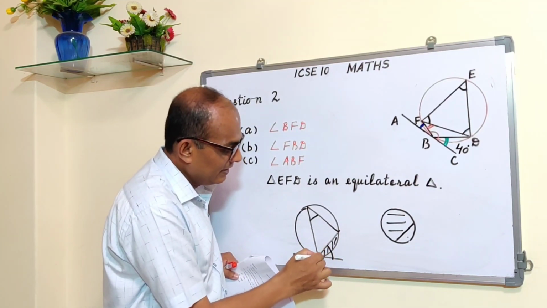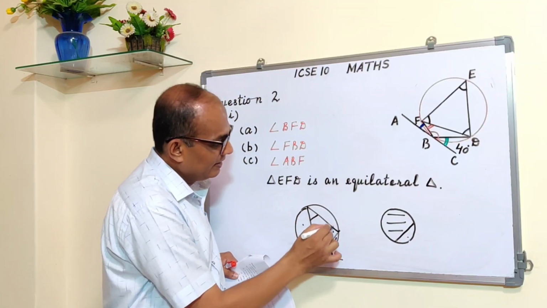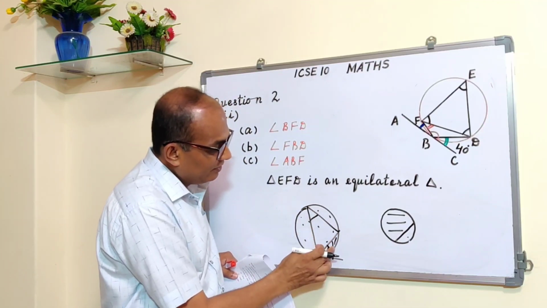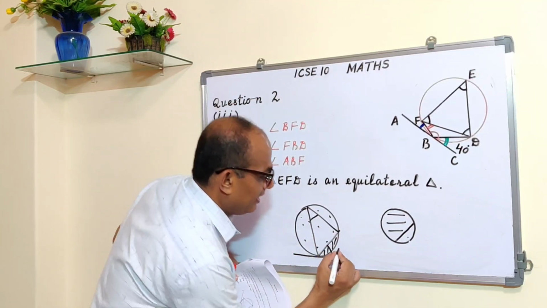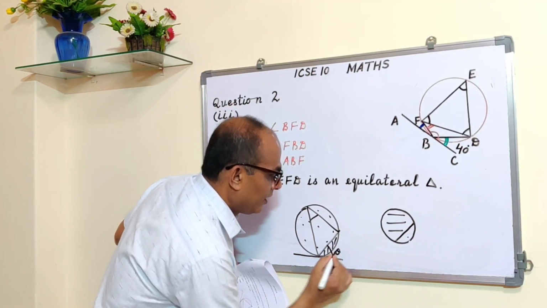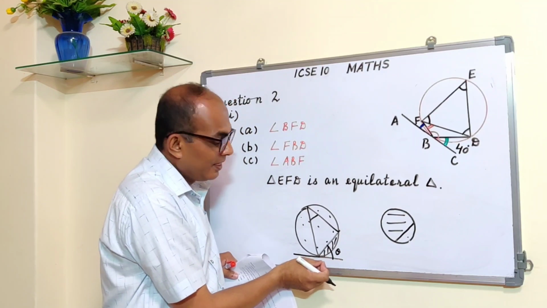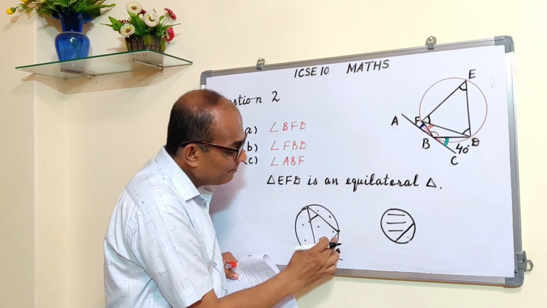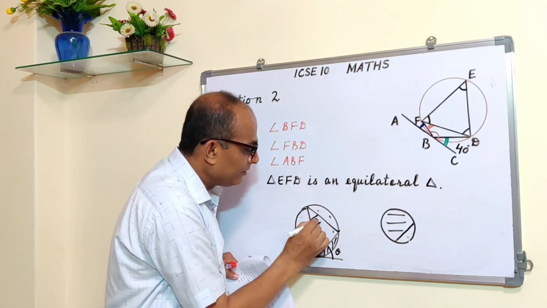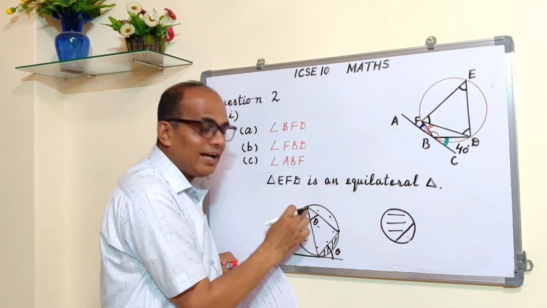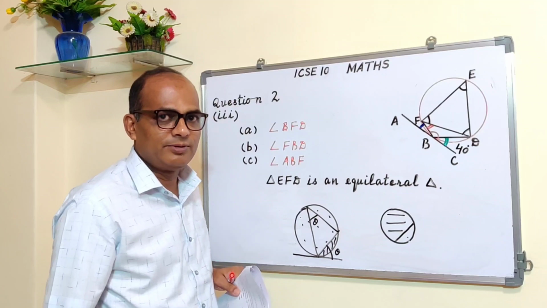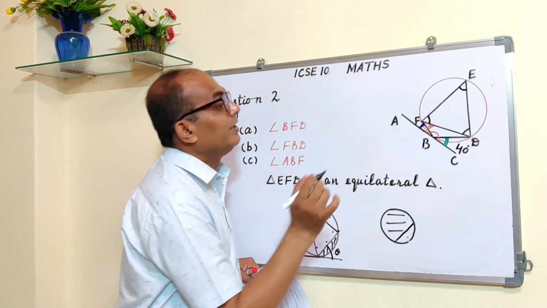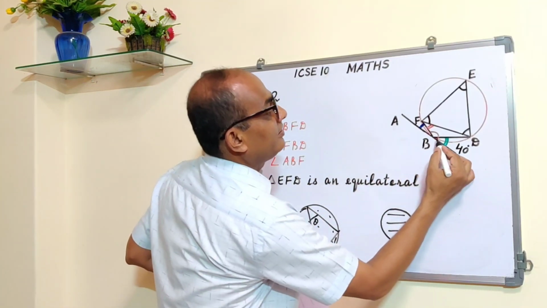One is this one, the other one is this one. For this segment, this is the alternate segment. This chord is making this angle theta with the tangent, and the same chord is making this angle in the alternate segment. So they are equal. That is the alternate segment theorem. You can see the proof.